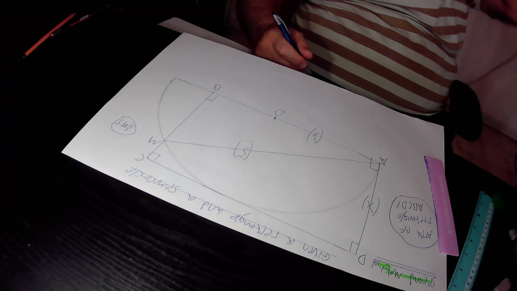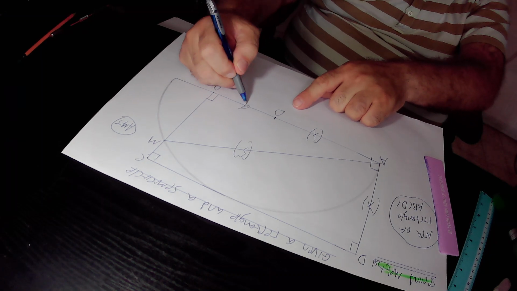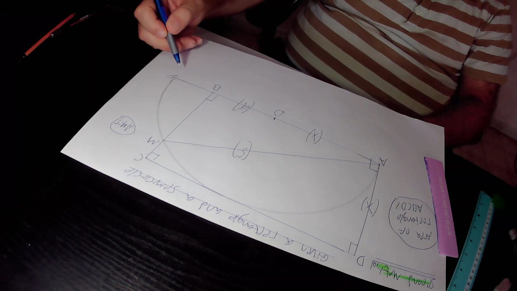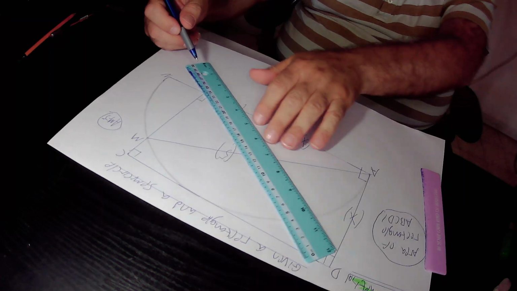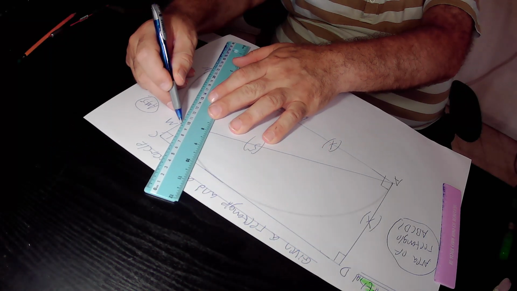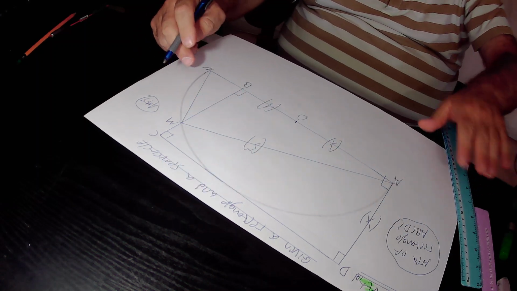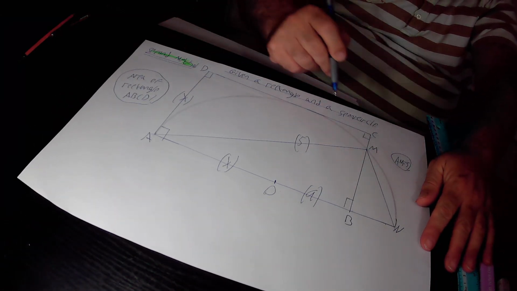In the next step, we define this line segment OB as a. We define this point as N. In the next step, we join points M and N together by a straight line. By joining points M and N, we get the peripheral angle AMN.